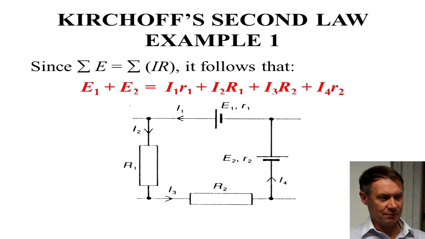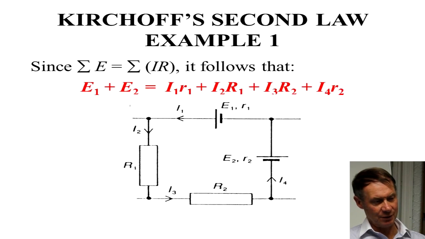So if we look around the loop, we've got two batteries, E1 and E2, and they're both pointing in the same direction. They're both giving current in the same sense. So we add them together, E1 plus E2. And then going around the loop now, we have I1 going through the internal resistance of R1, so that voltage would be I1 R1.